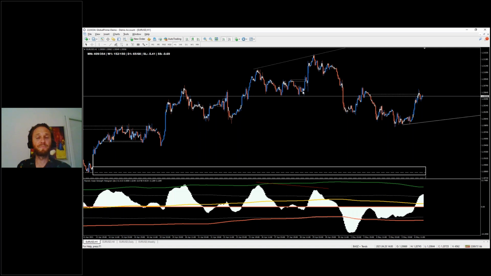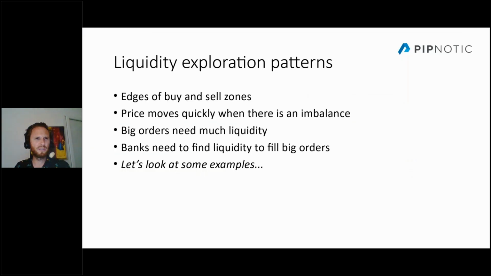It can just be that price is doing what it's doing. So this is an example of liquidity exploration. The banks need to fill their orders by finding liquidity, and this is going to be found in the form of pending orders in the market, as we discussed just a second ago.